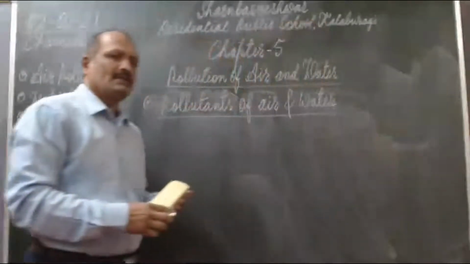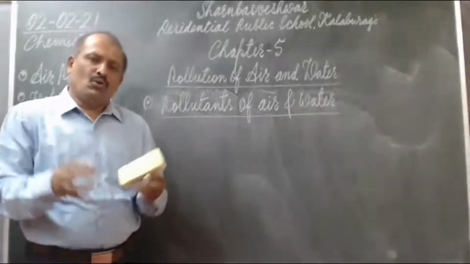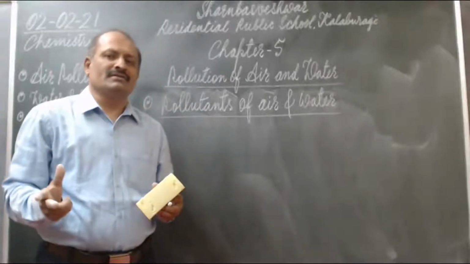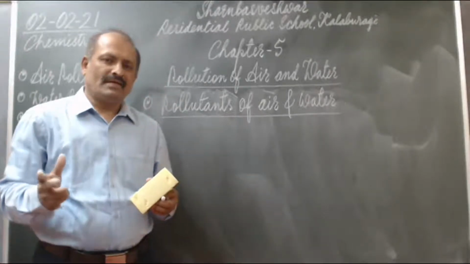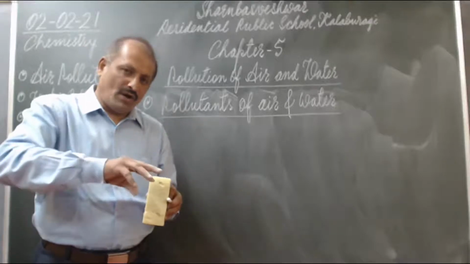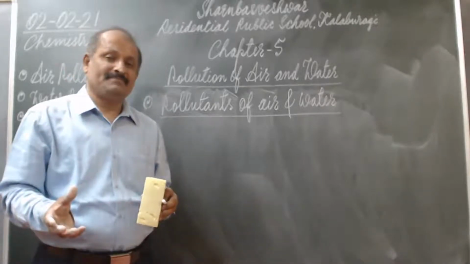Right? See, then what are pollutants? Pollutants are the substances that contaminate air and water. Right? Pollutants are the substances that contaminate air and water.